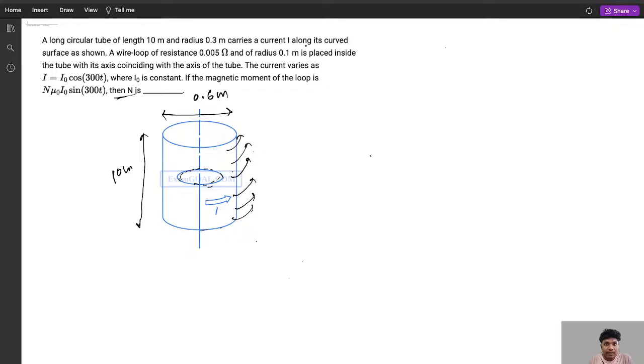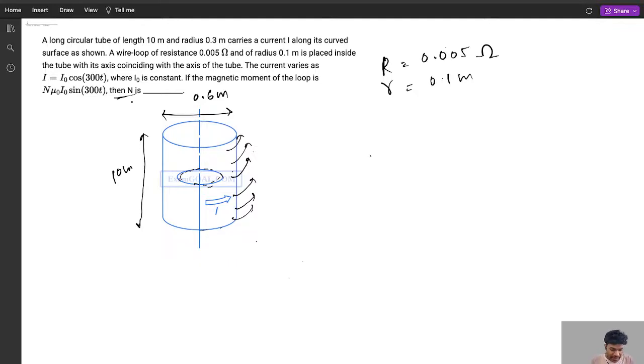There is a current I along its curved surface. So the wire loop has resistance 0.005 ohm and radius small r equal to 0.1 meter, right? So first we have to find the magnetic moment of the loop.